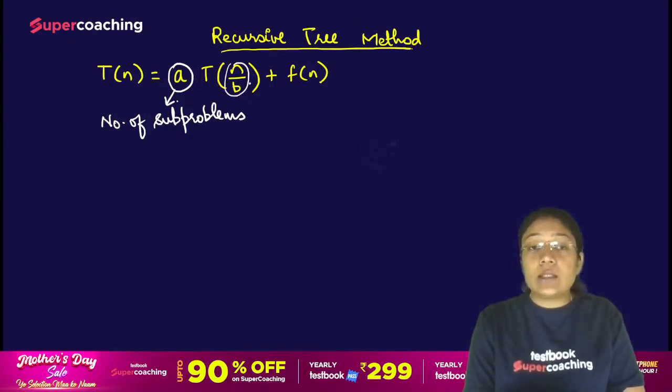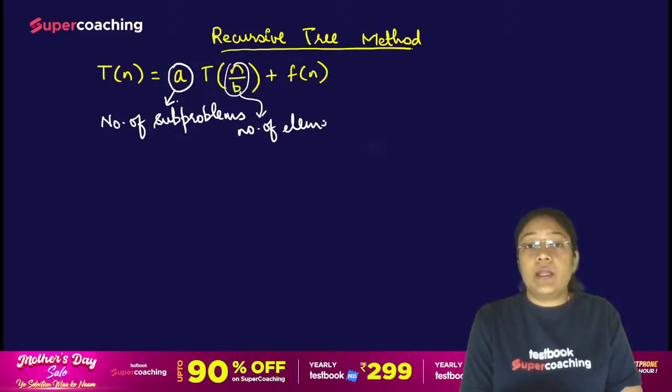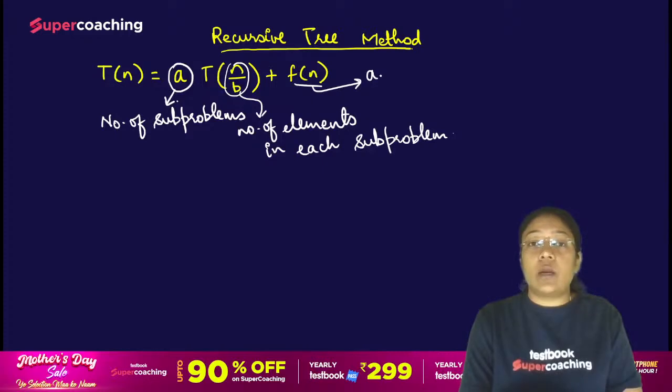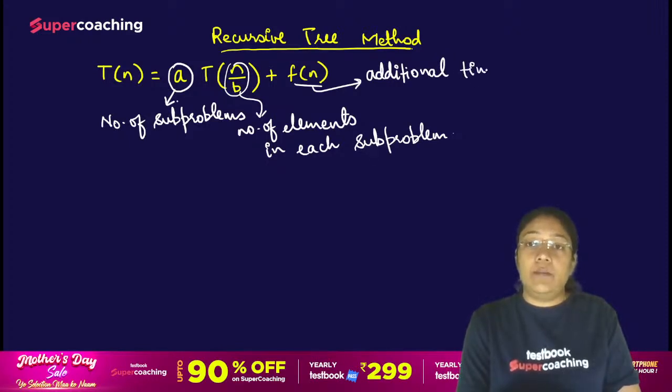N by B is representing the number of elements in each subproblem. And f of n is representing the additional time required to return the solution. This is some additional time required.